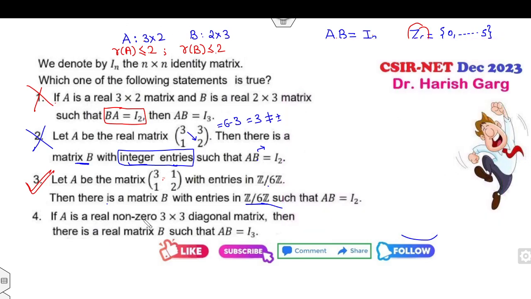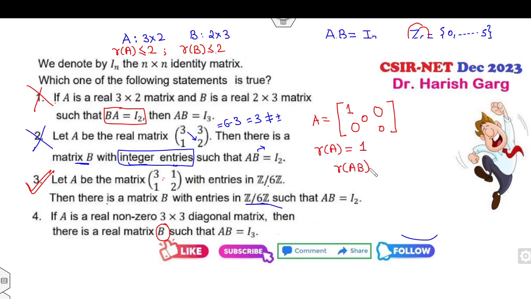Okay, look at this: A is a non-zero 3 cross 3 diagonal matrix. A is non-zero. I can choose these non-zero values. Then there exists a matrix B so that B has an inverse. What is the rank of A? 1.